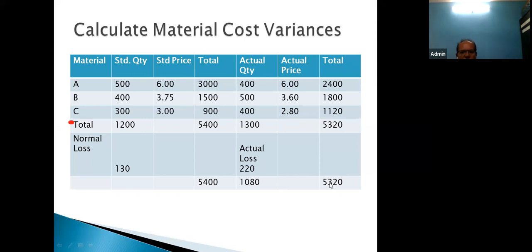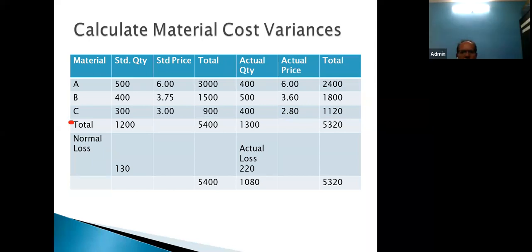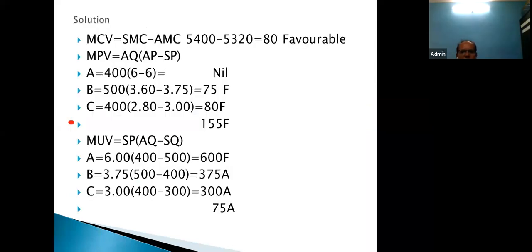So naturally, the company has given you 5,400, but as a manager you have spent 5,320. So will the difference be favorable or unfavorable? Favorable, correct. So what is the difference here? 80. 5,400 minus 5,320 is 80. Here you have to indicate favorable.